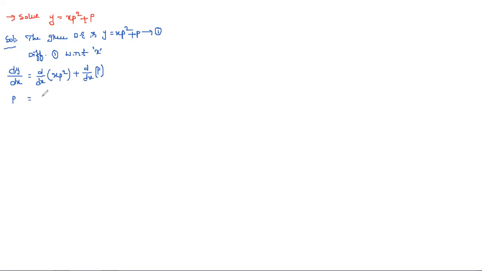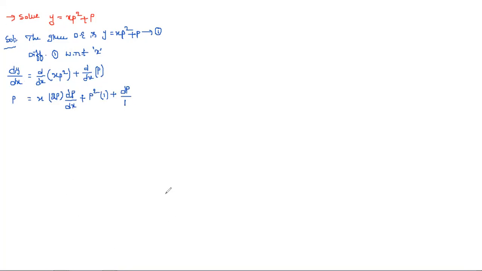So u into d by dx of p square is 2p into the derivative of p, which is dp by dx, plus du dash v, which is p square, and d by dx of x is 1, plus dp by dx.